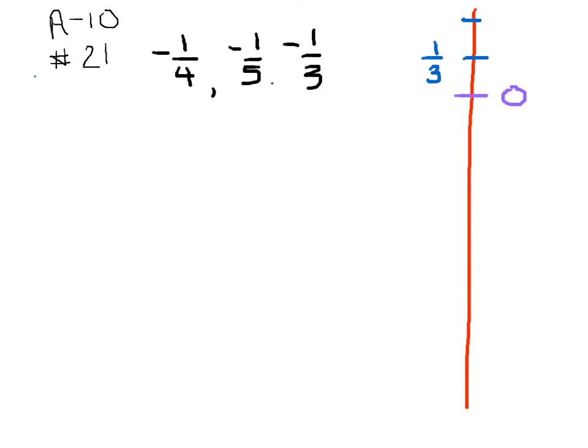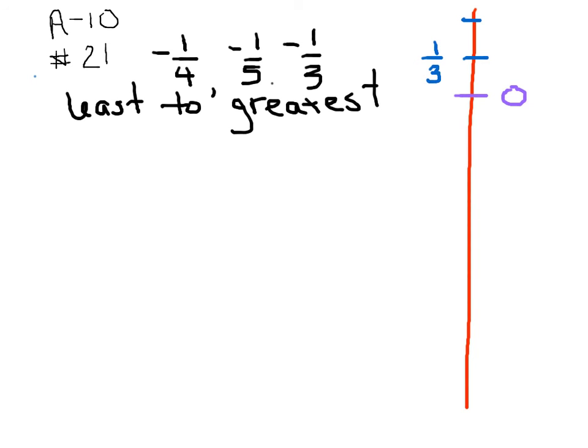So I have negative 1/4, negative 1/5, negative 1/3, and I want to put them in order from least to greatest. All right, so the easiest thing to do, I think, is to find a common denominator. So I have my negative 1/4.